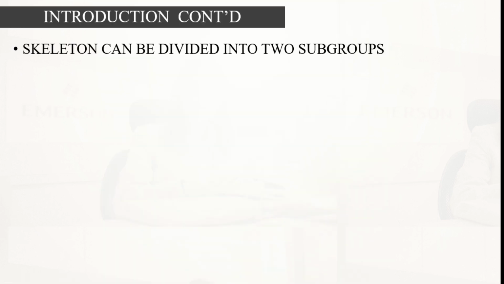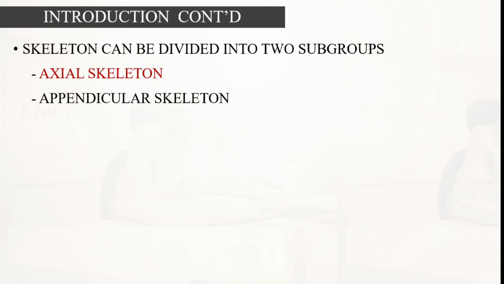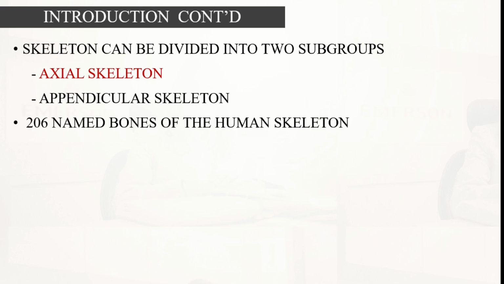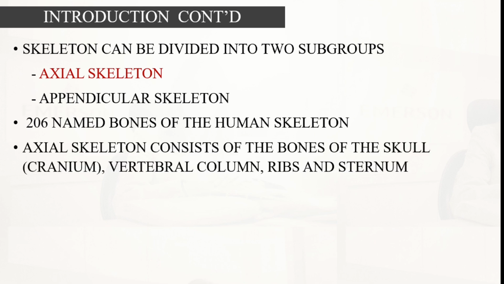The skeleton can be divided into two subgroups. Number one is the axial skeleton. Number two is the appendicular skeleton. There are 206 named bones of the human skeleton, but you have to know that when a human being is born, they actually have 270, and they reduce to 206 due to fusion and other mechanisms.